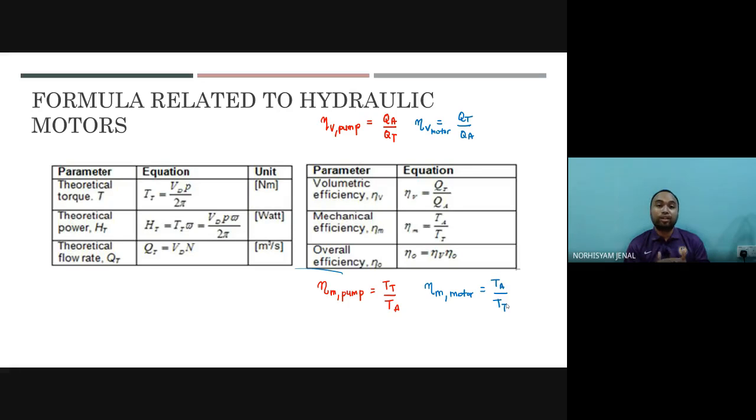Terbalik. Kalau soalan tu betul, everything is done correctly, sepatutnya jawapan awak must be lower than 100%. Tak logik lah nak dapat efficiency melebihi 100% in terms of mechanical or volumetric flow rate. Okay? So that's the idea of it.